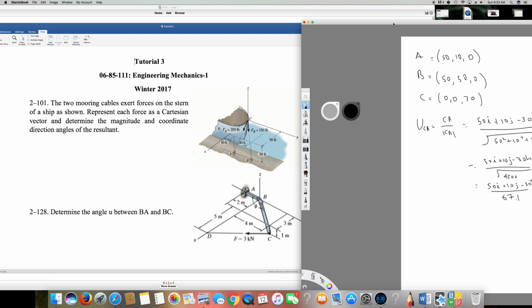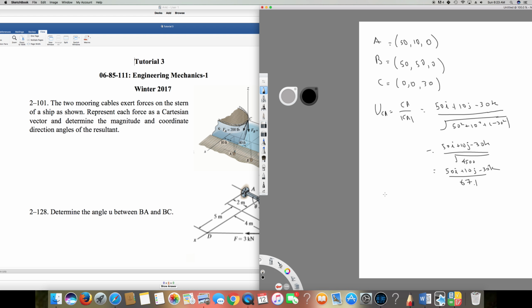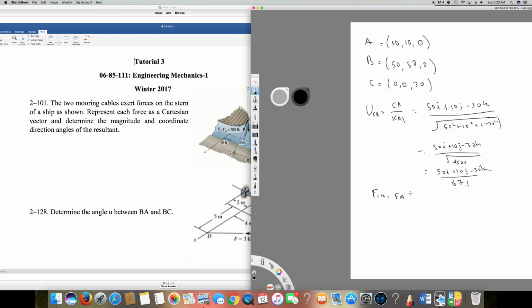FA is given, so I can put that value here. So FCA is going to be FA times UCA, right? Now FA is given, it's 200 lb.